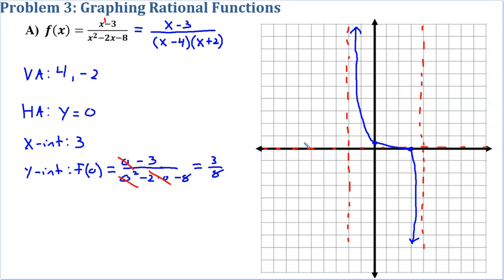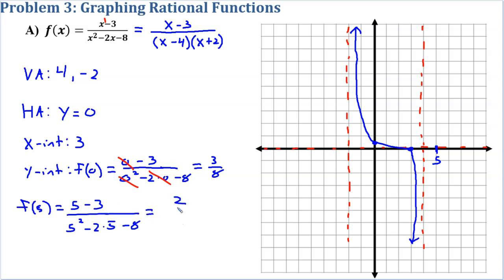For some problems, you're going to be able to just connect the dots. In this case, we're not sure. So I'm just going to plot another point. I'll put one at x equals 5. f of 5 would be 5 minus 3 over 5 squared minus 2 times 5 minus 8.